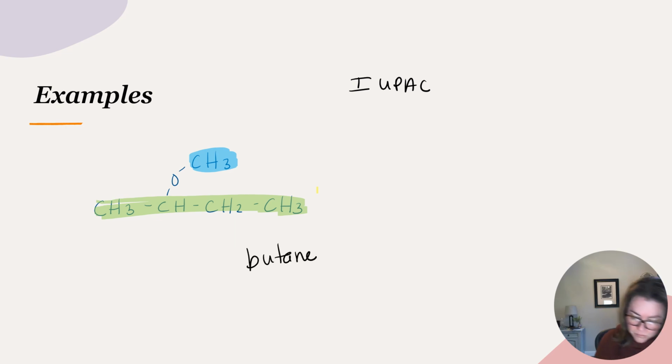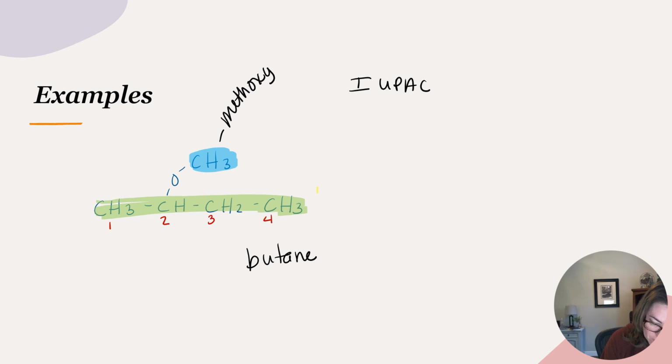My smallest R group is the methyl, the 1 carbon, and so I'm going to change that ending to a methoxy. Then I need to identify what carbon that is on. It needs the smallest locant.